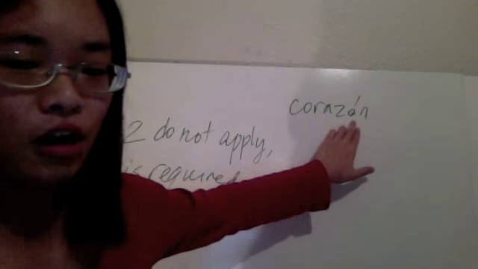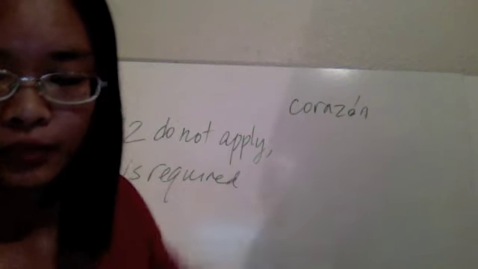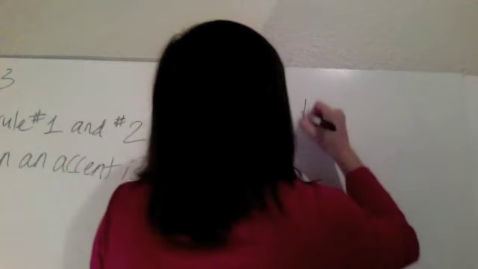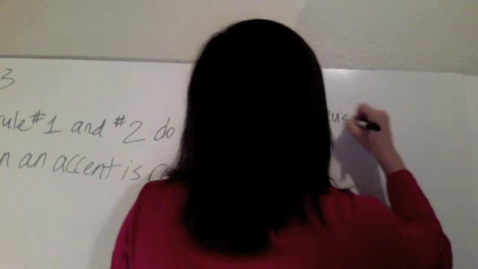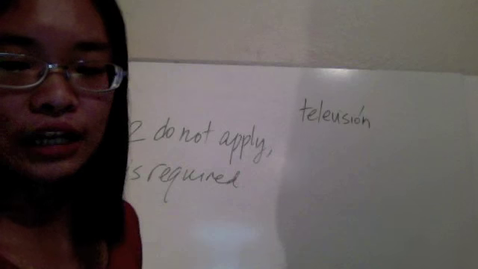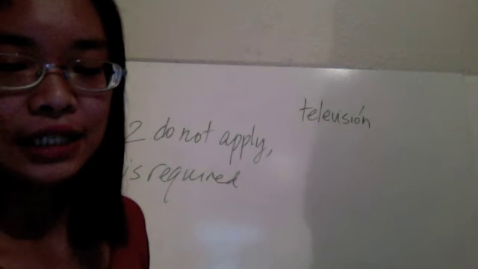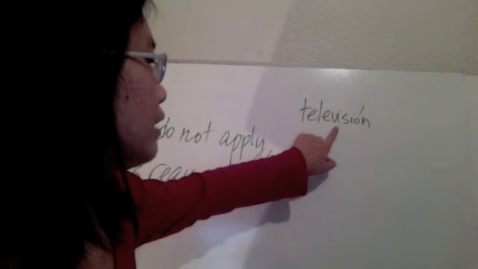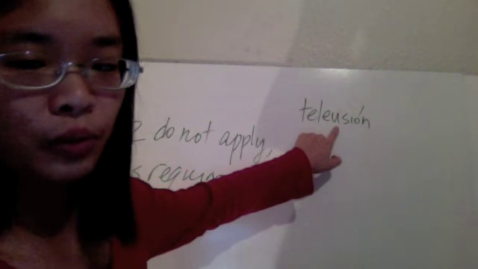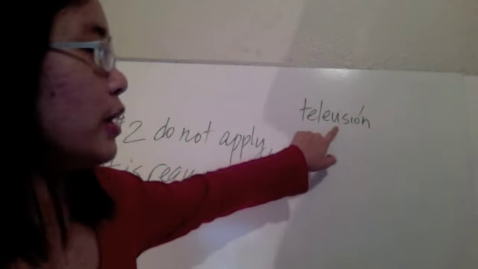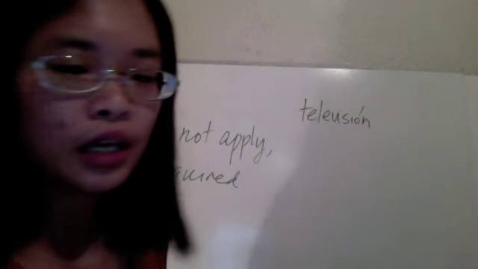That's why accent mark is needed on this O. Other examples would be televisión. Without accent, the stress would be on this I, televisión. But we pronounce it as televisión, that's why we need accent mark.